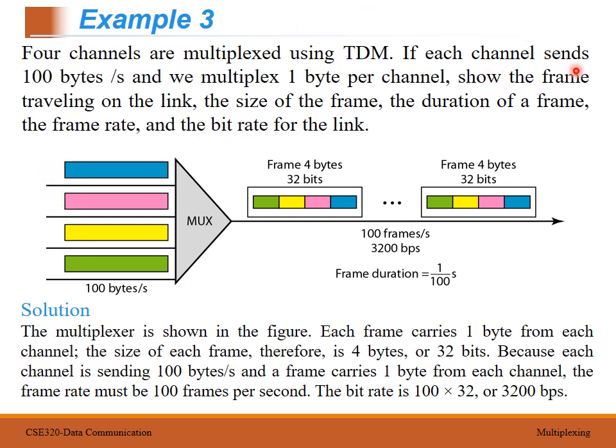Here it says in the question that each input channel is 100 bytes per second. So the frame rate will be 100 frames per second. Then if we invert the frame rate, we will find the duration of the frame. So the frame duration will be 1 divided by 100 seconds.